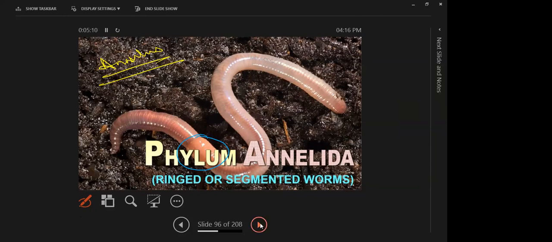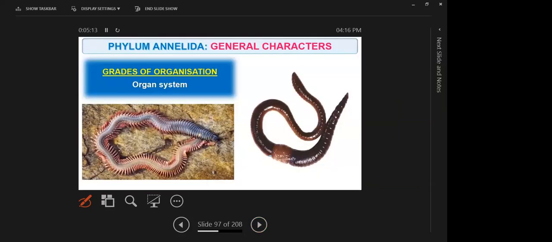Now let's go to the general features. These are the annelids. Organ system level of organization begins from annelids actually, but in your textbook some of the Aschelminthes also display organ system level of organization. You can write organ system for Aschelminthes, but from annelids onwards, organ system. So annelida to mammals have organ system. So what is this? This is earthworm.